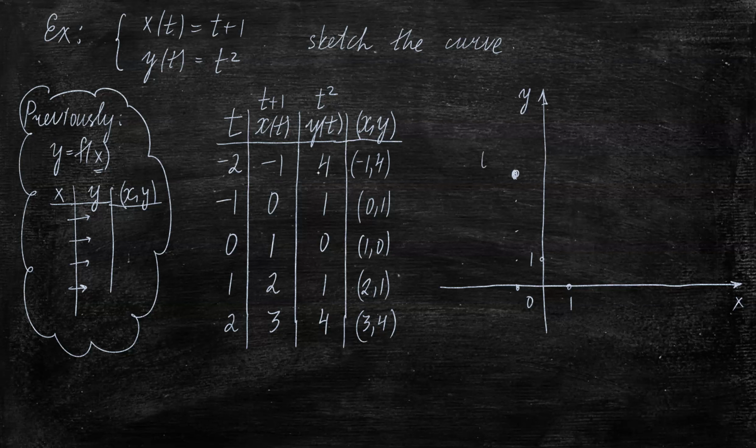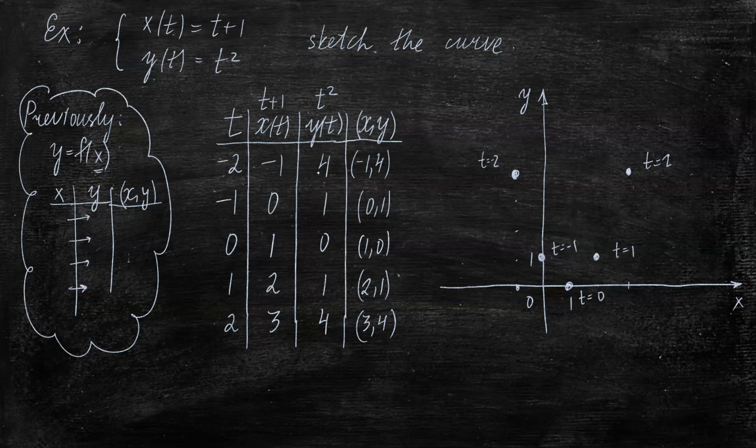So this is t equals -2. When t equals -1, we have 0, 1. I'm sorry, this is our t equals -1. This is our t equals 0. And then we have 2, 1, which is right here. That's t equals 1. And then we have 3, 4, which is t equals 2.